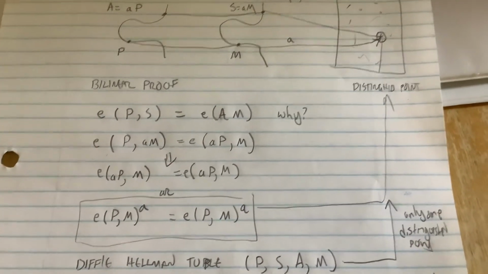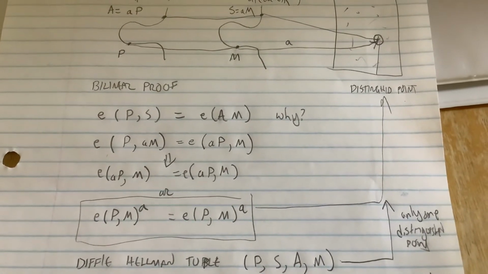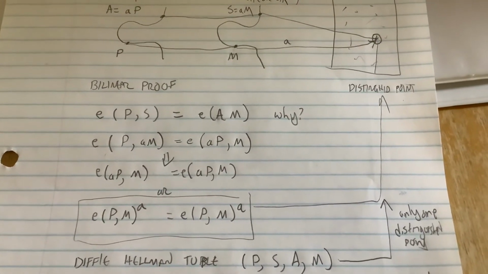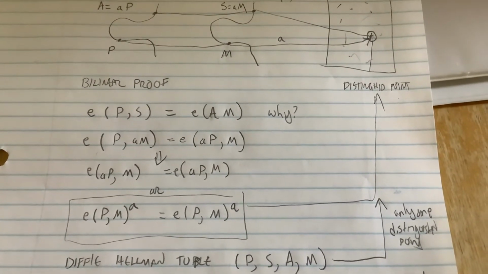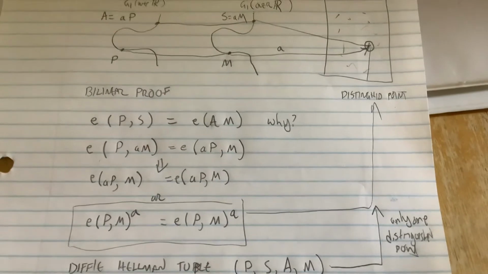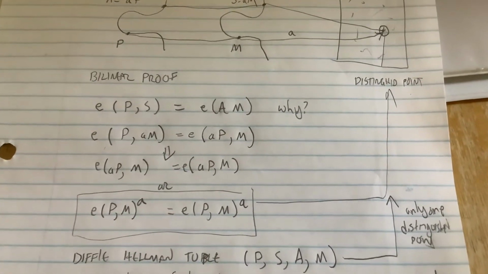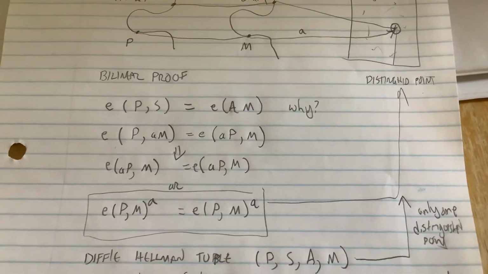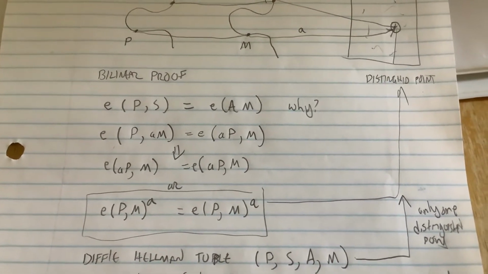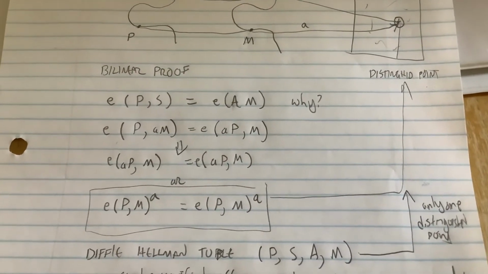You have the public key, and instead of the signature, I put AM, which is how you calculate the signature. On the other side, A, which is AP, and M. When you transform that, you get APM, which is the same as e to the PM to the A, the same as PM to the A.